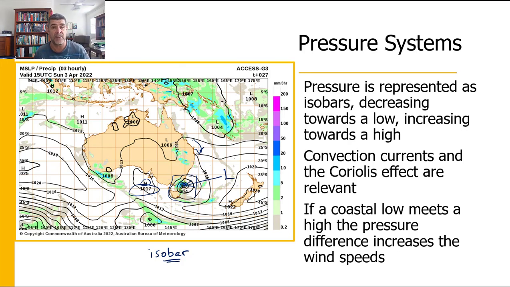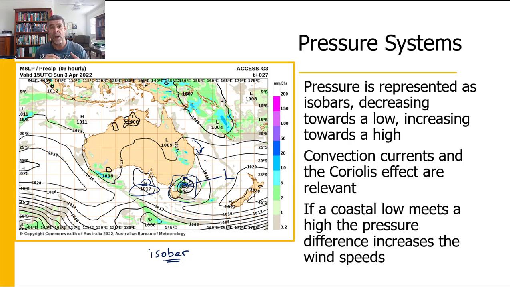And that's going to be an indication of increased wind speed. Now, also, if it sits there, what it's going to do is likely dump a whole lot of rain. So there's a fair chance that this low pressure system, which is coming back onto the coast down around Victoria, southern New South Wales, may well bring more rain coming through onto the coasts some point later in the week.